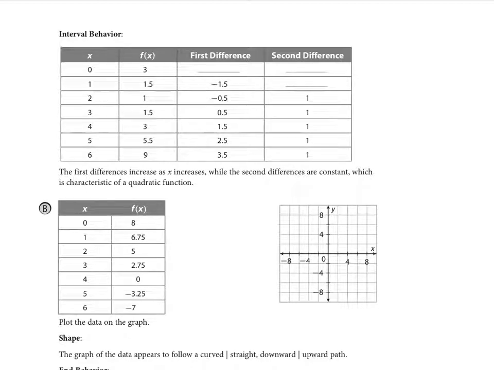So you take these differences and then you subtract them. Negative 0.5 minus 1.5 is 1. 0.5 minus 0, or negative 0.5, I can't talk, is also 1. The second differences are constant.